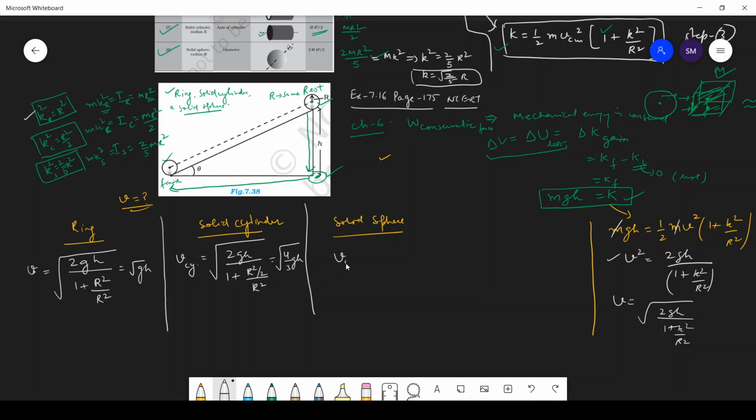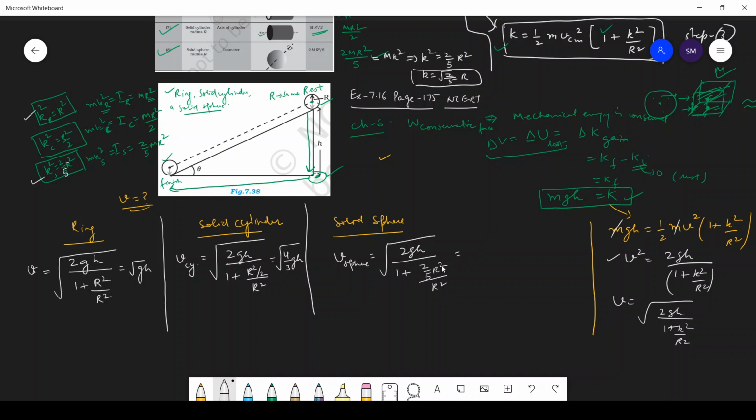Now for the sphere, v equals under the root 2gh upon 1 plus k square by r square. So what's k square in case of solid sphere? That's 2 upon 5 r square. That's the value of k square. So 2 by 5 r square divided by r square.